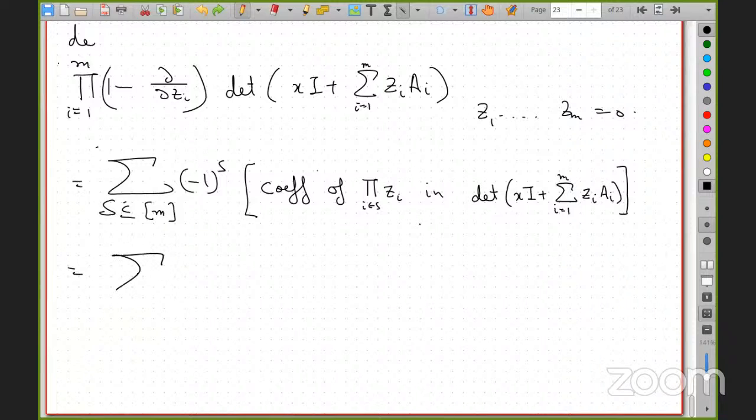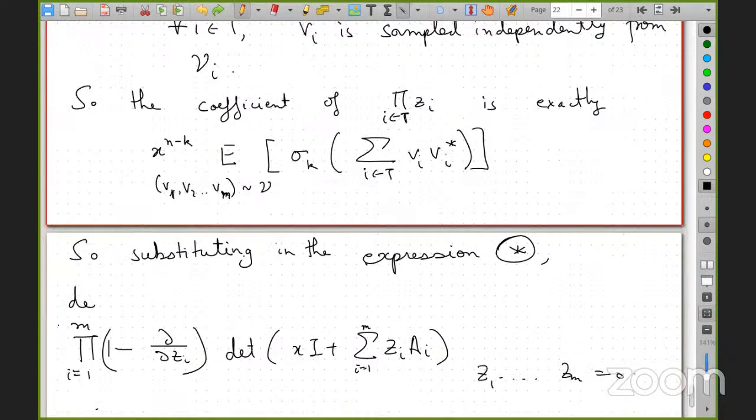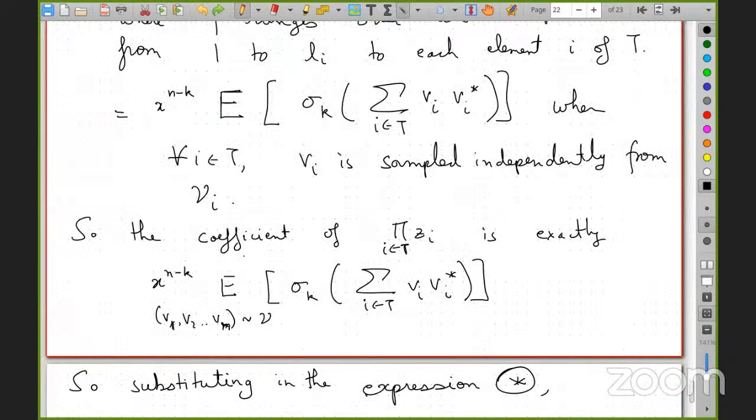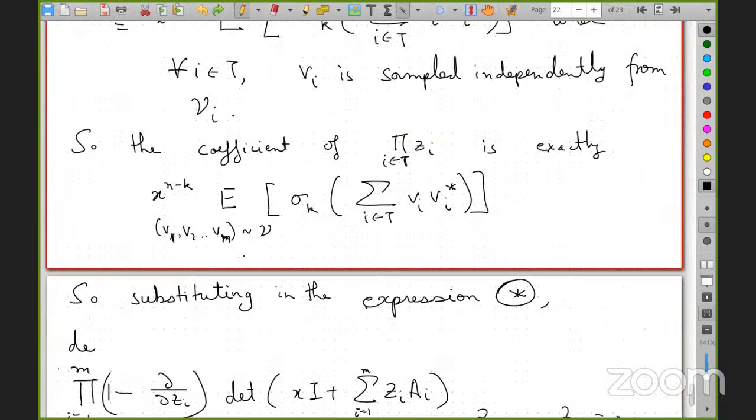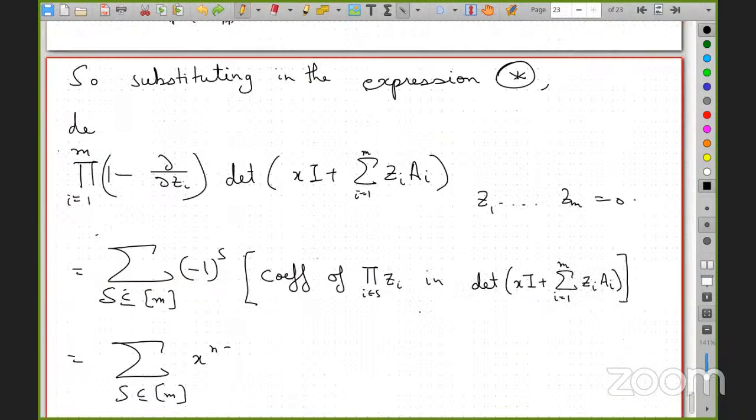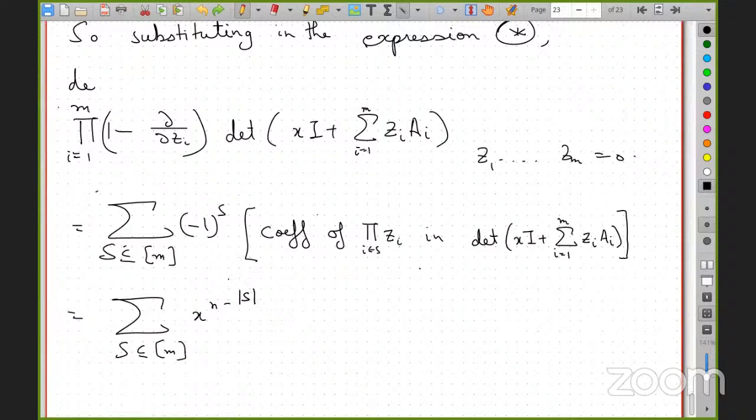And this is now S subset of m, x to the n minus the size of S, minus 1 to the power |S|.